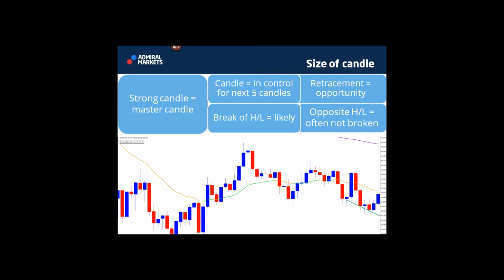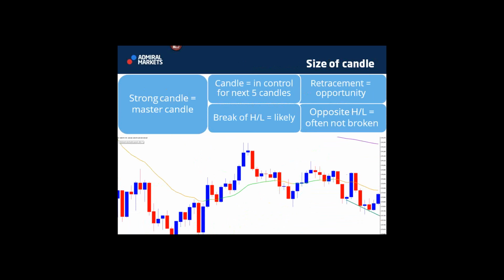Basically, as I said, you got a continuation of that candle likelihood. So what that means is if there's a strong candle, the chances of that direction continuing in the next couple of candles, like 5 candles, is high. So if you got a strong, big bullish candle, the likelihood of an upside continuation in the next 5-6 candles is very high. That means that the break of that high or low, depending if it's a bullish candle, a break of the high is very likely.